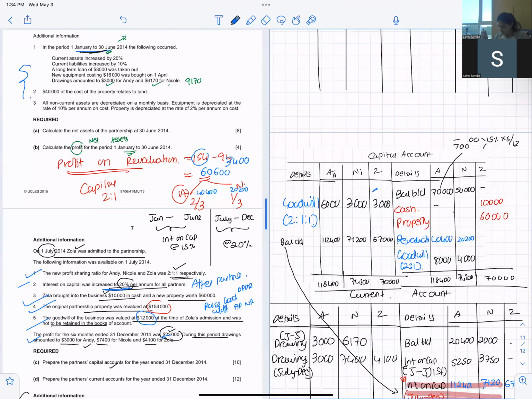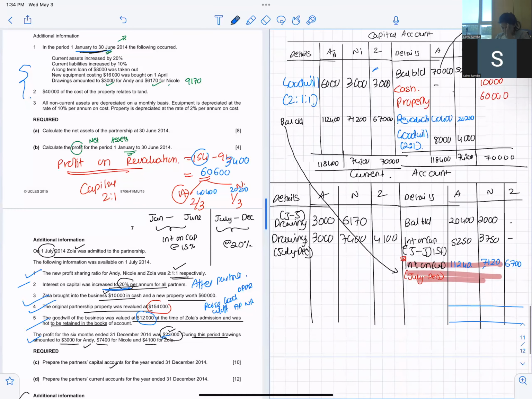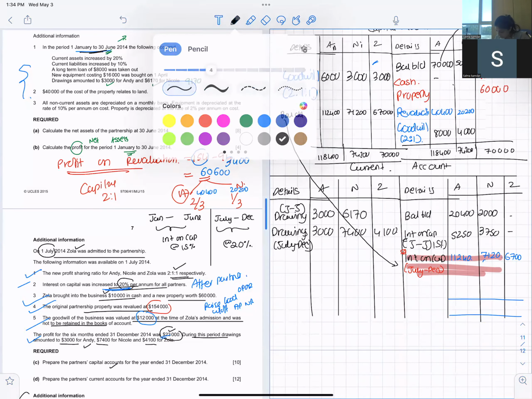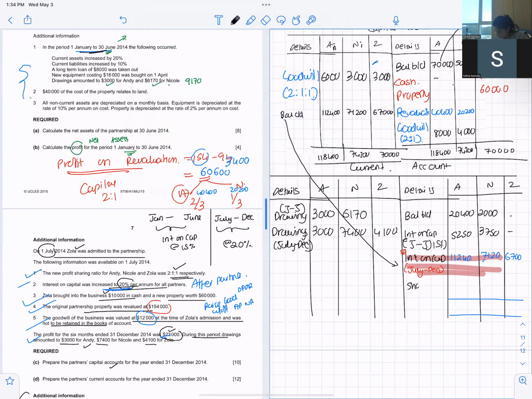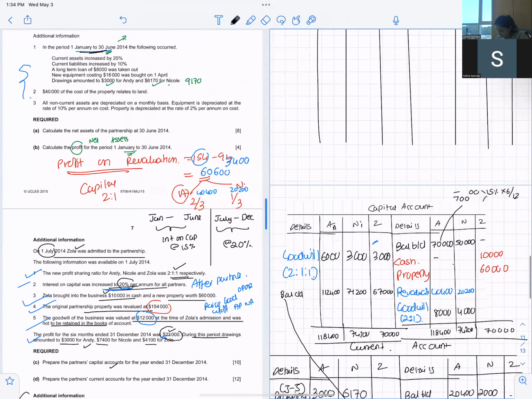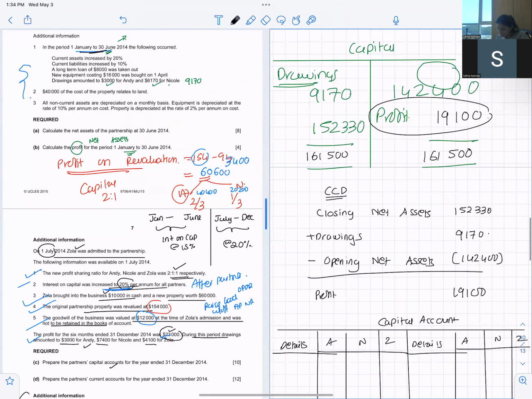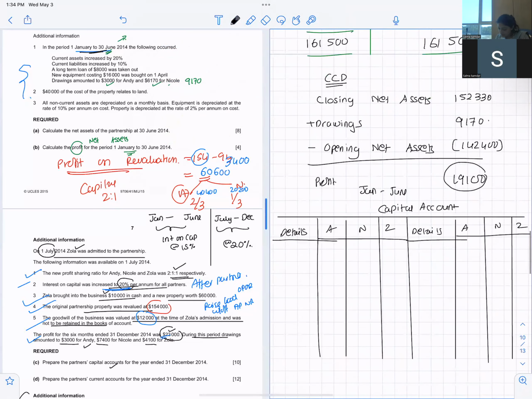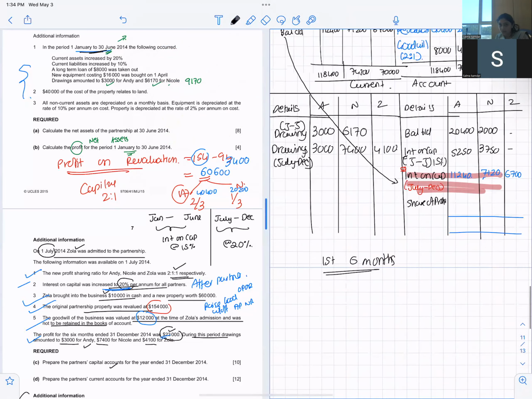So now you also have to distribute the profits amongst the partners in the current account. So share of profit. If you see over here, for the first 6 months, you had a profit of how much? 19,100 from Jan to June that you calculated. So this was your profit from Jan to June.